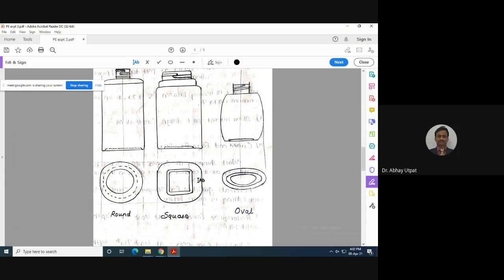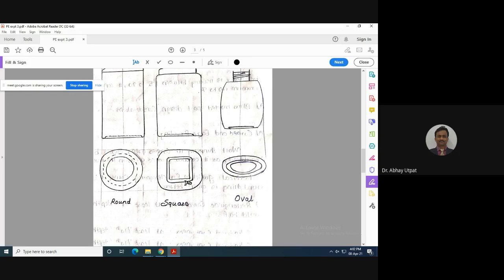These are the parts of container design. Whenever you design any container, you have to consider all these aspects. This is the third part which I was explaining to you.